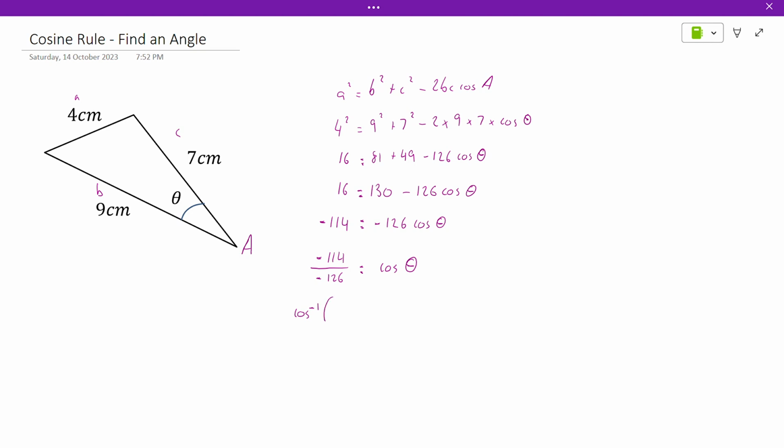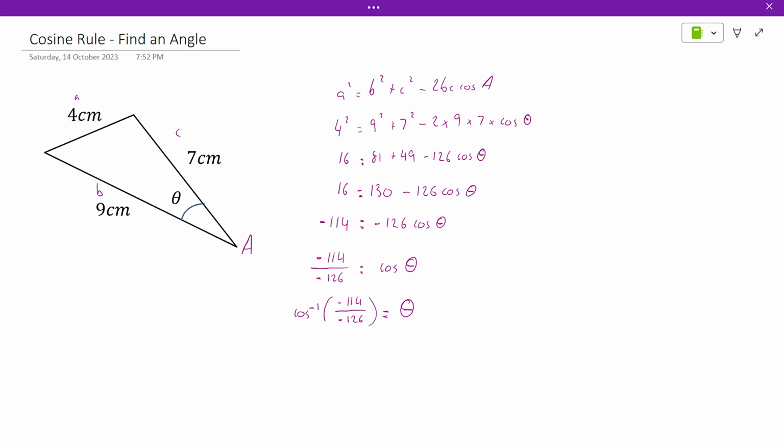I'm just going to rewrite my left-hand side exactly how it was. You could take away the negative signs if we know we're dividing them, but just for the sake of keeping it simple, let's just keep them in. So negative 114 divided by negative 126. And then on the right-hand side, we're just going to be left with theta.